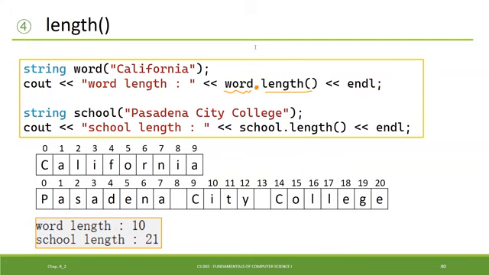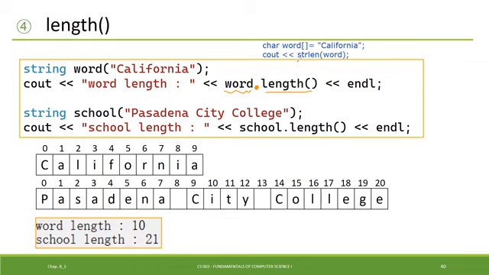So C string is that char word California. And cout strlen word. You should use just a function for the string.